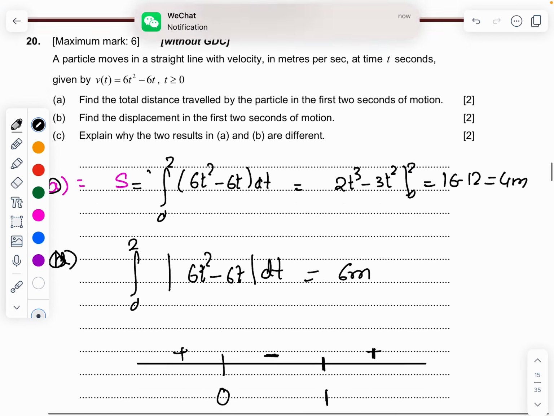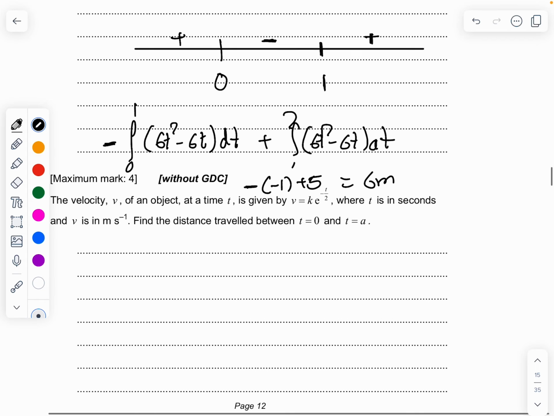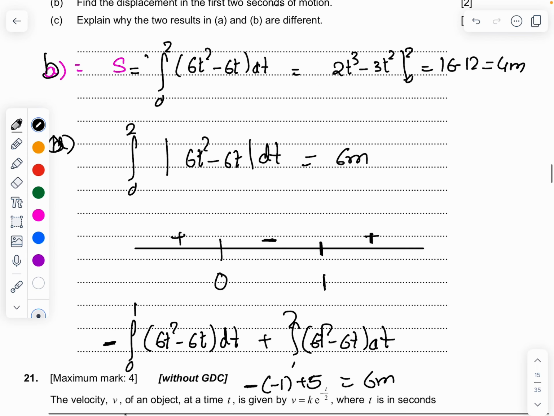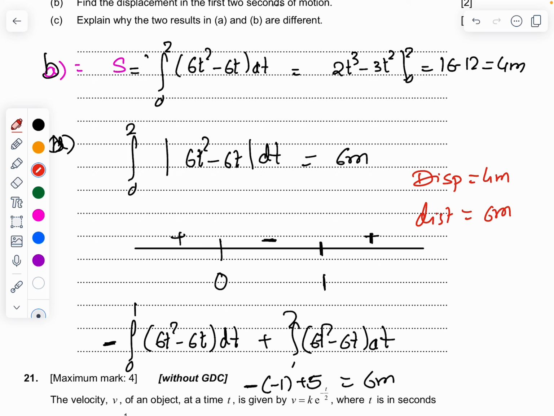Then explain why the two results in A and B are different. Displacement is 4 meters, distance is 6 meters. Because there is a change in direction at 1 second.